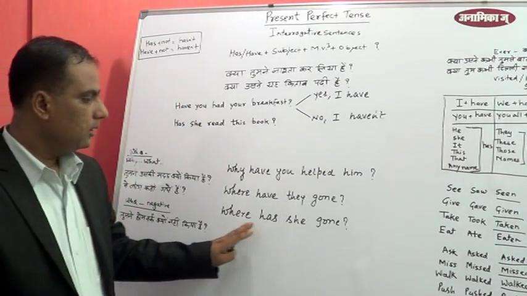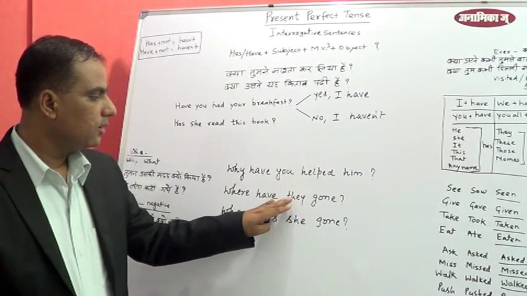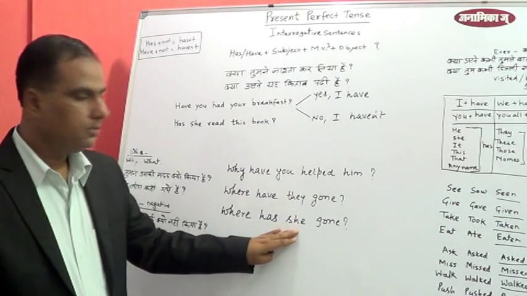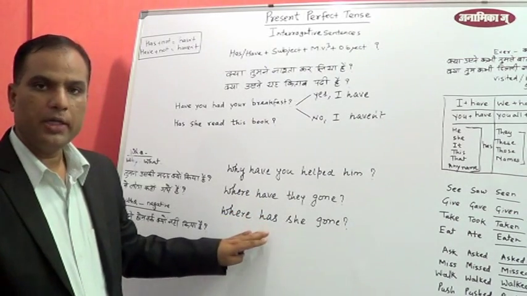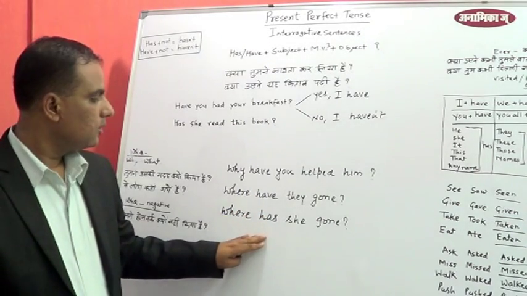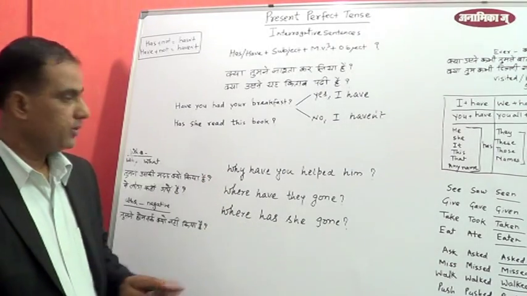So where has she gone? So instead of they, if she comes, automatically have is changed to has. So this is how we can frame WH questions.